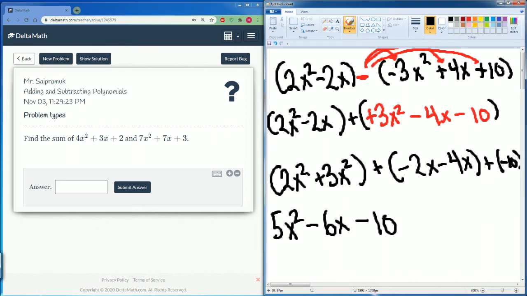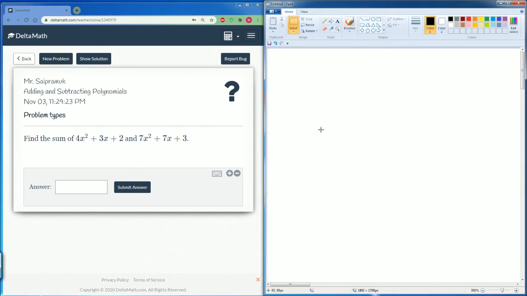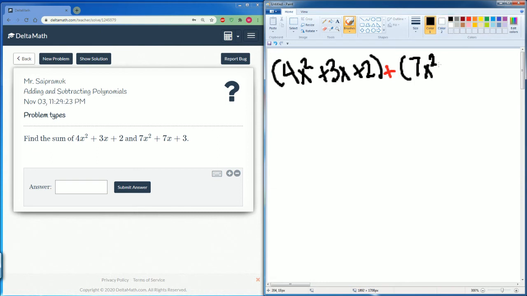Find the sum. So the sum is just an addition problem. So you have 4x squared plus 3x plus 2. It's a sum, so it's an addition. And the next term is 7x squared plus 7x plus 3.